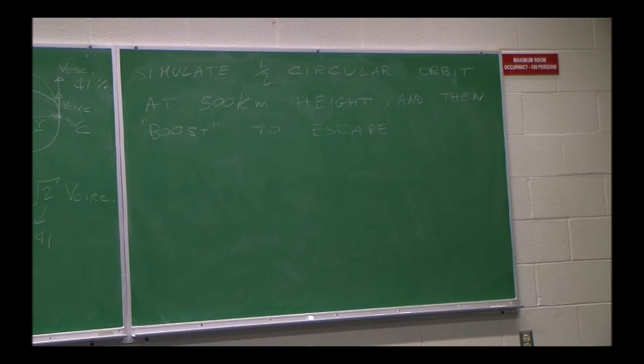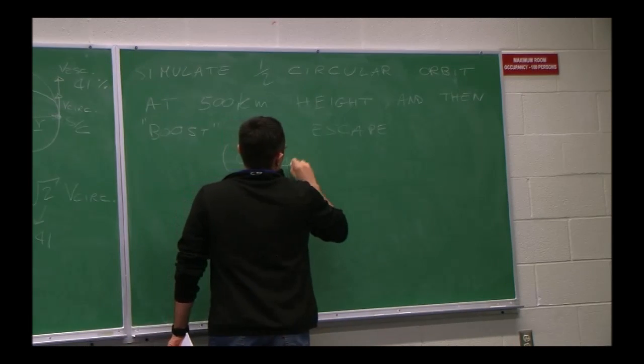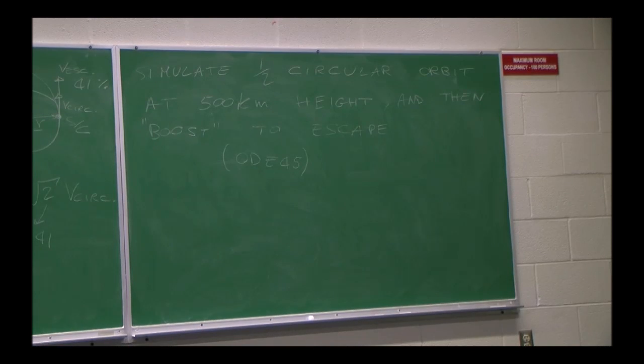Basically use what I gave you already. Just simulate something that is circular, and then after half a period, or even earlier than that, I don't really care, try to implement a change such that the velocity all of a sudden increases by 41% and see what happens. You should not come back. Okay?